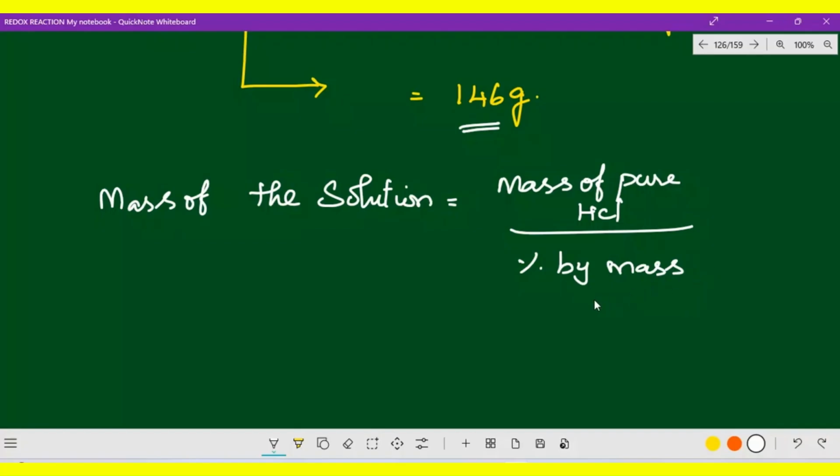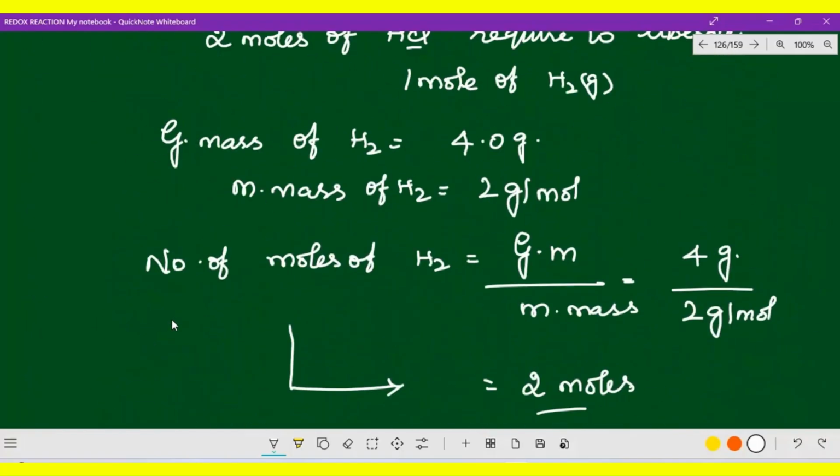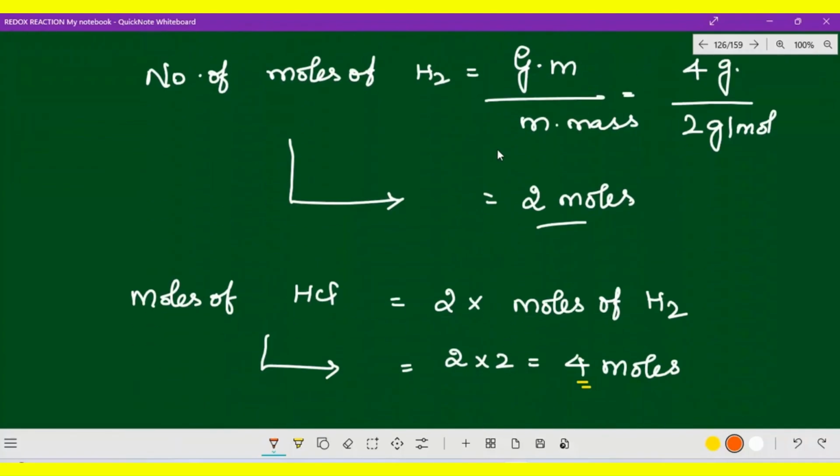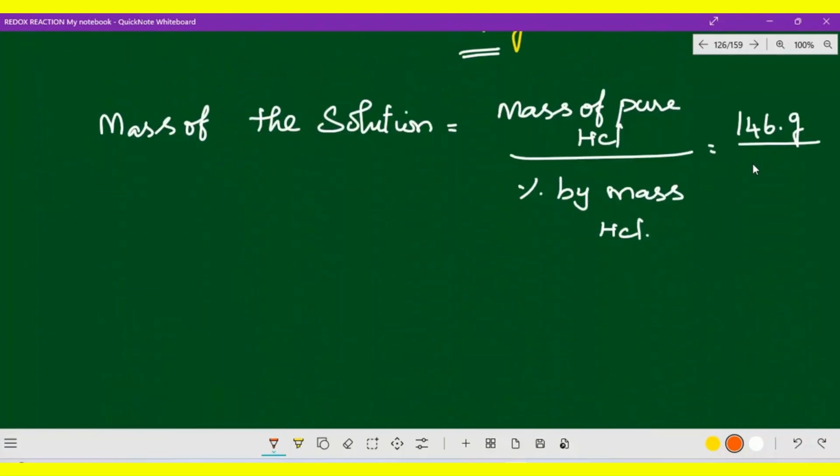So 146 gram divided by the percentage mass, which in the question is 36.5. If we remove the percentage, it will be 0.365. Mass means gram only, so you will get 400 gram.